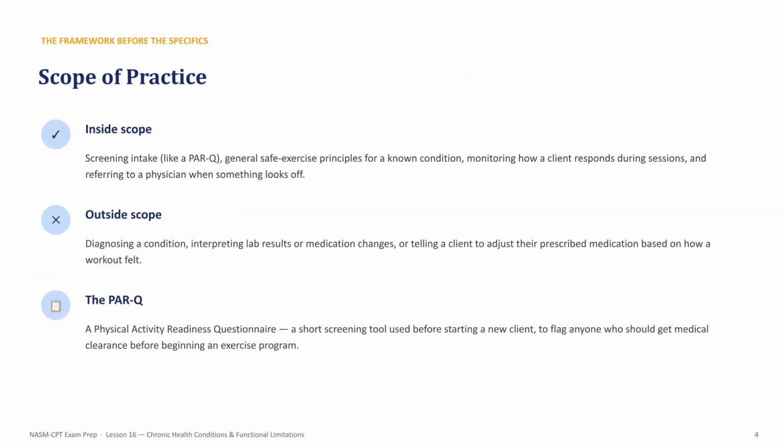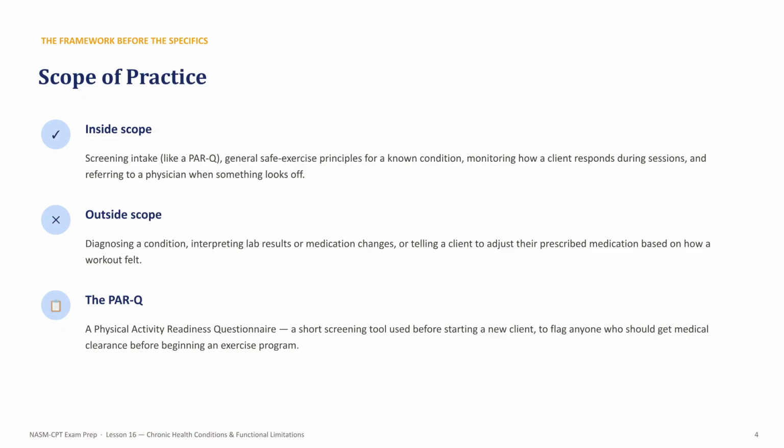Let's build the framework everything else in this lesson hangs off of. Inside scope: screening intake, like a PAR-Q, general safe exercise principles for a known condition, monitoring how a client responds during sessions, and referring to a physician when something looks off. Outside scope: diagnosing a condition, interpreting lab results or medication changes, or telling a client to adjust their prescribed medication based on how a workout felt.